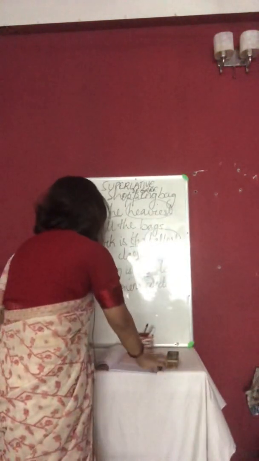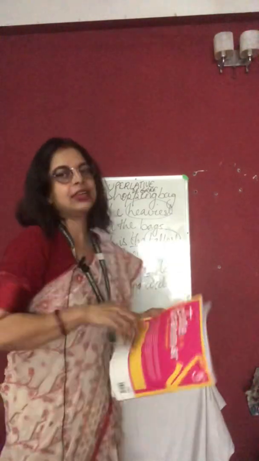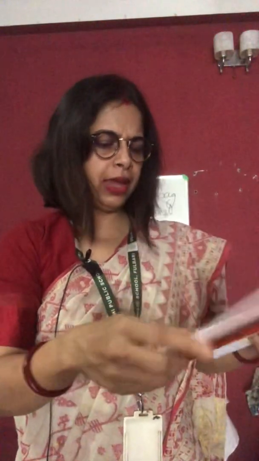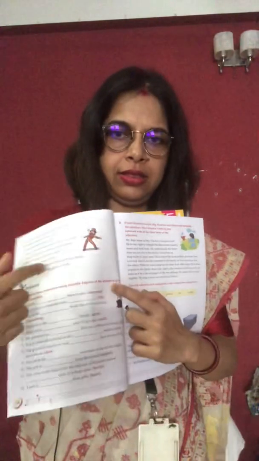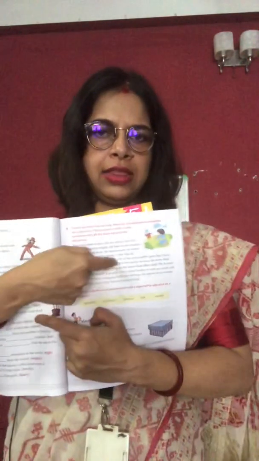Alright. Very little homework will be there. I will just show it to you. Yes, this is our book, as I said, and our homework will be page number 59, 60, exercises A and B. Alright, so learn this and this, only this.